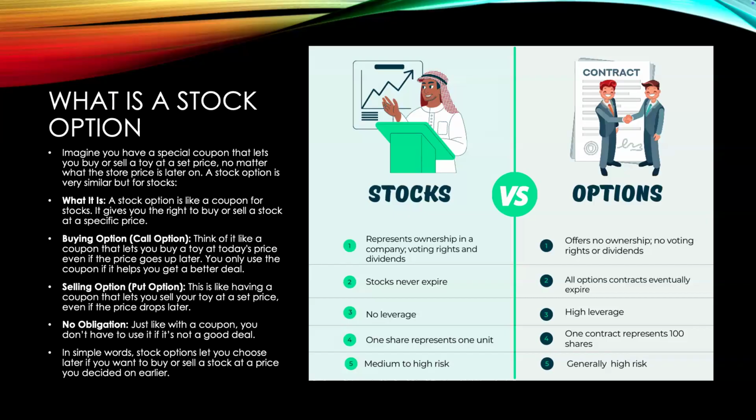Number four, one contract represents 100 shares. Let me say it again: one contract represents 100 shares. Number five, generally high risk. Stock option is high risk. Owning the company is low risk, or medium risk, should I say.